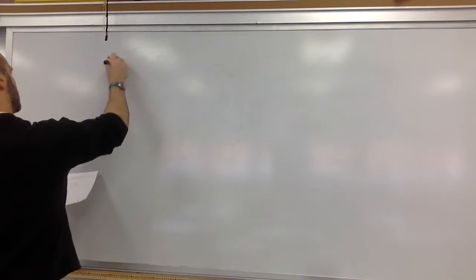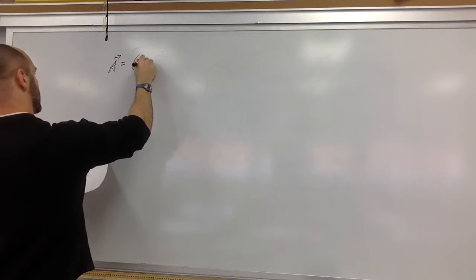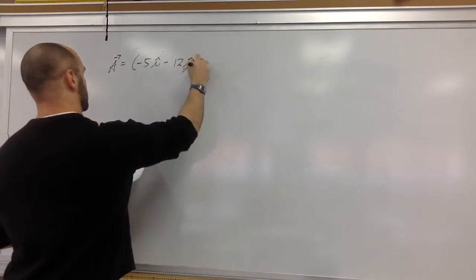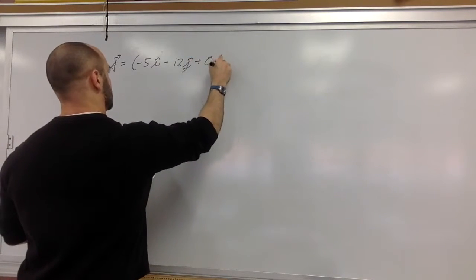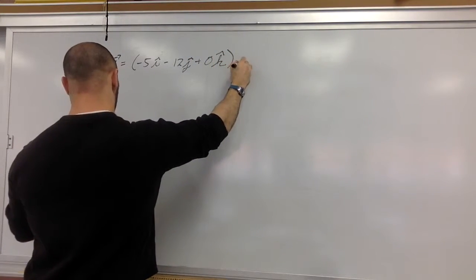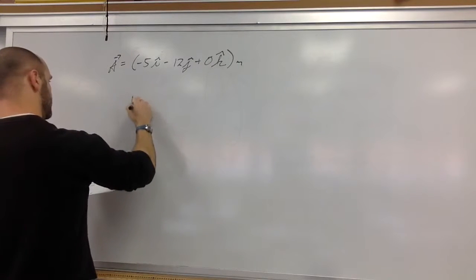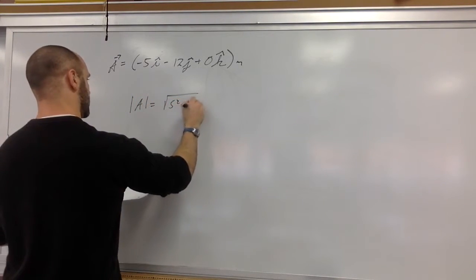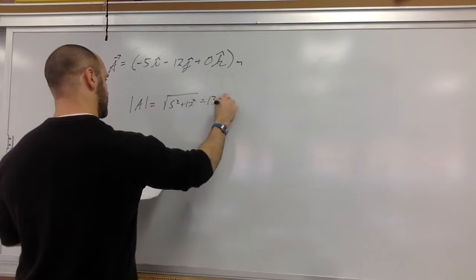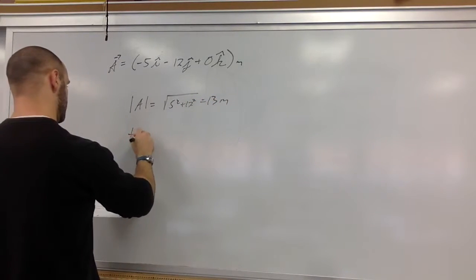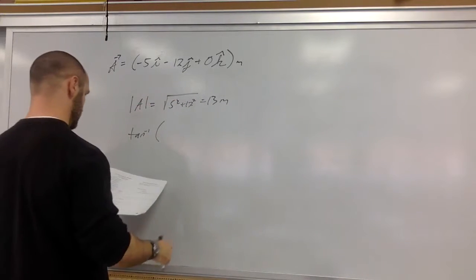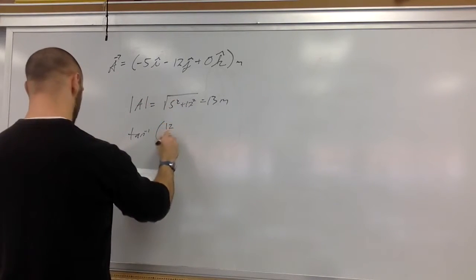So let's take a quick look at this. If a is negative 5i minus 12j plus 0k meters, then the magnitude of a is the square root of 5 squared plus 12 squared. So that's 13 meters. And inverse tangent of the vertical over the horizontal is 12 over 5.